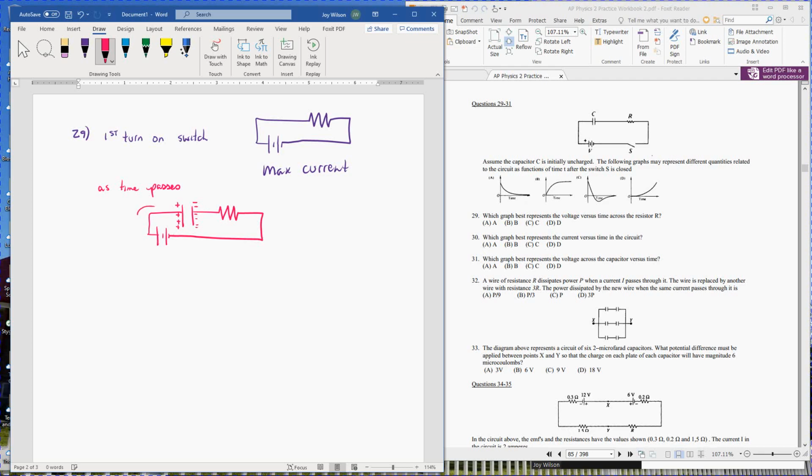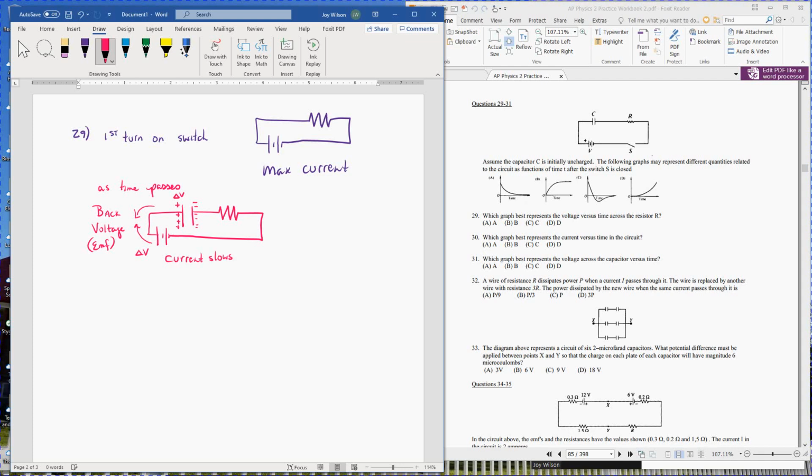And so now we have a back voltage, or back EMF. That's what they'll call it sometimes. And so the voltage from here and the voltage from here start to push against each other, which means your current slows down.